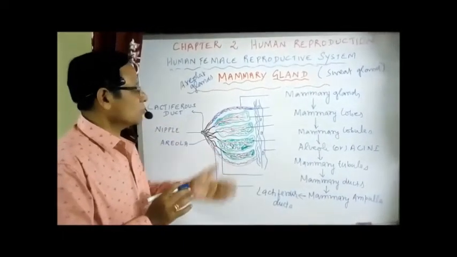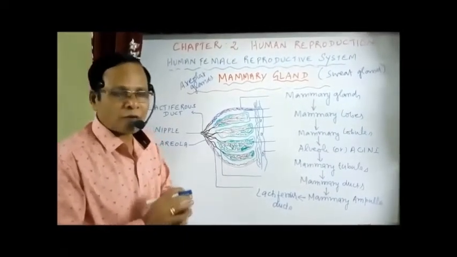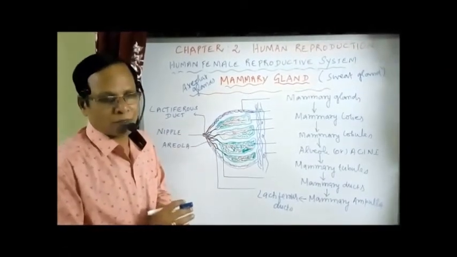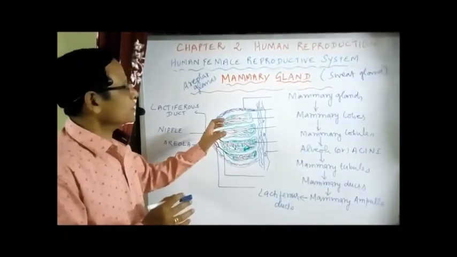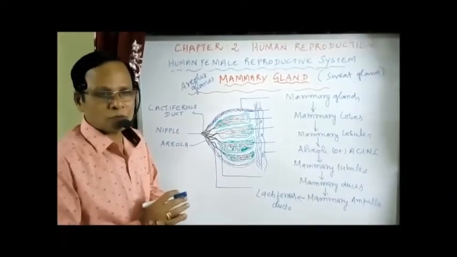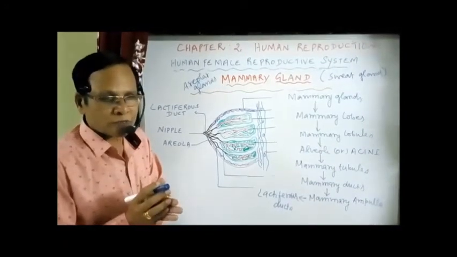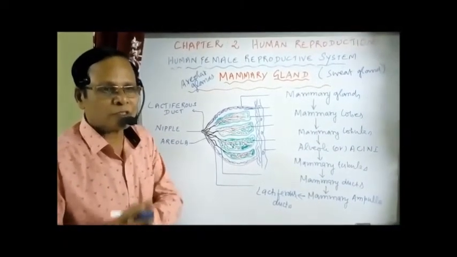In addition to the lobes and lobules, we have fatty tissue, nothing but the adipose tissue. The development of the mammary gland starts during puberty and shows progressive changes during each menstrual cycle.